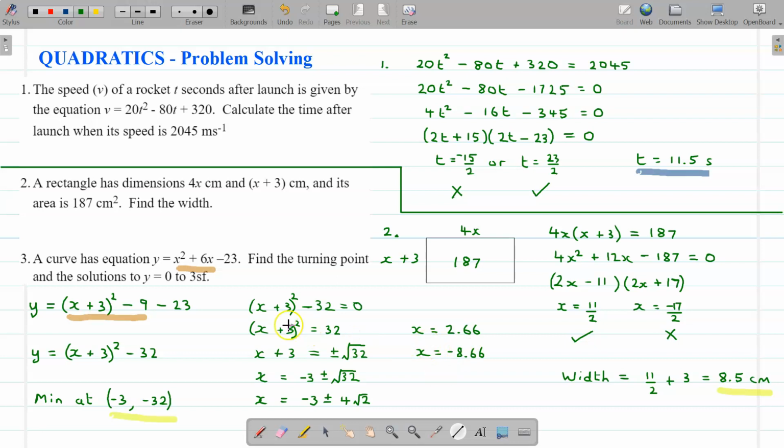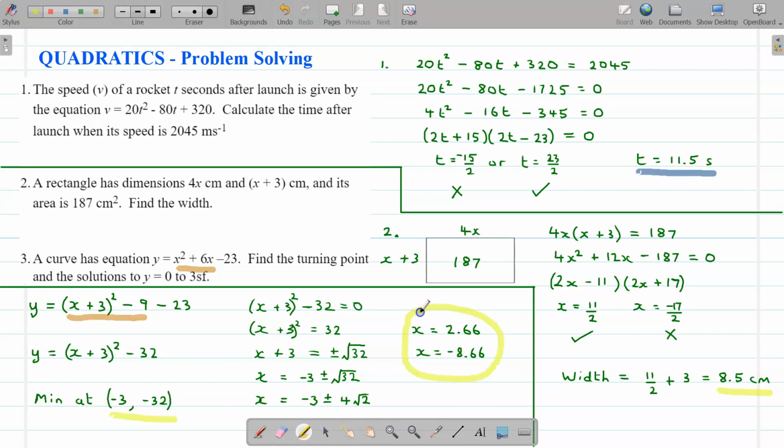Question 2 is in this box here, and the rest of it is question 3. And that is the end of those 3 problems. Let's just highlight the answers, both to 3 significant figures. Okay, thanks for watching.